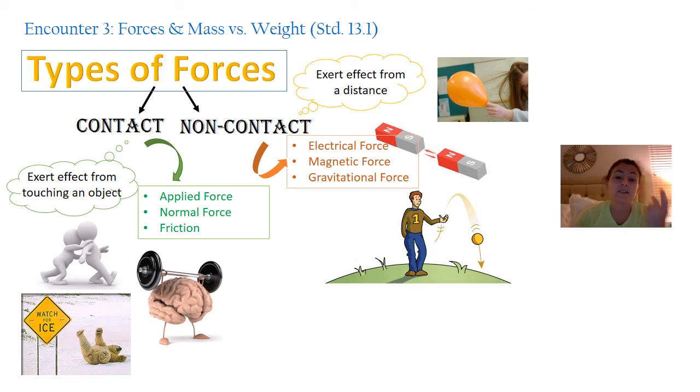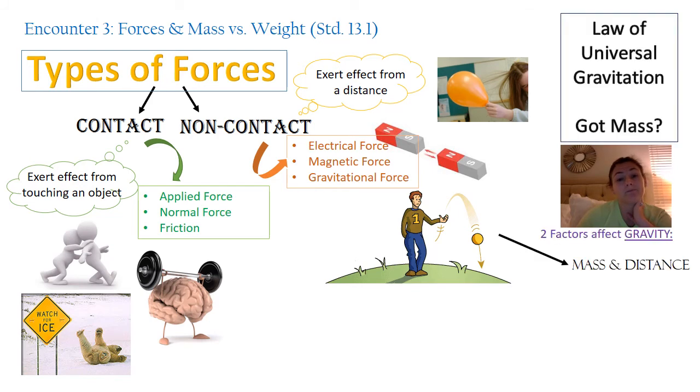All right, let's talk about gravity a little bit more in detail. First of all, if you have mass, you've got the law of universal gravitation. What the law of universal gravitation says is that if two objects have mass, they are going to attract one another. So in reality, we are attracted to the core of the earth, and also the moon and the sun up in outer space, okay?